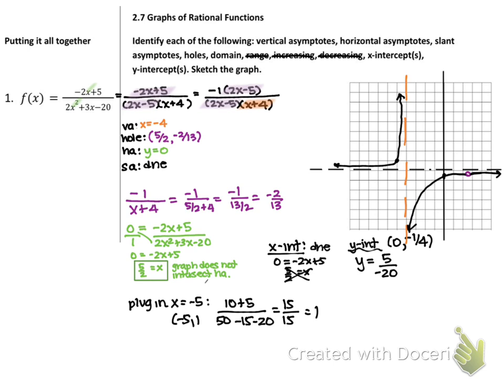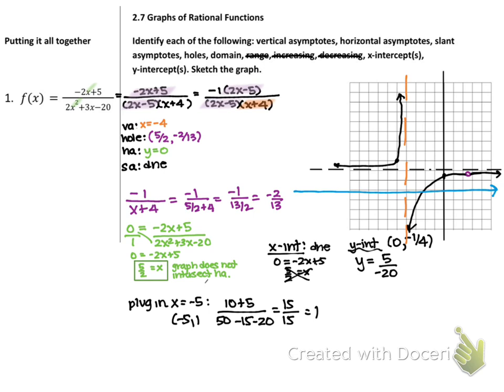Okay, so the domain is always going to be coming in from the left and going towards the right. You can do this in interval, or you could just say all real numbers except where the x doesn't exist.